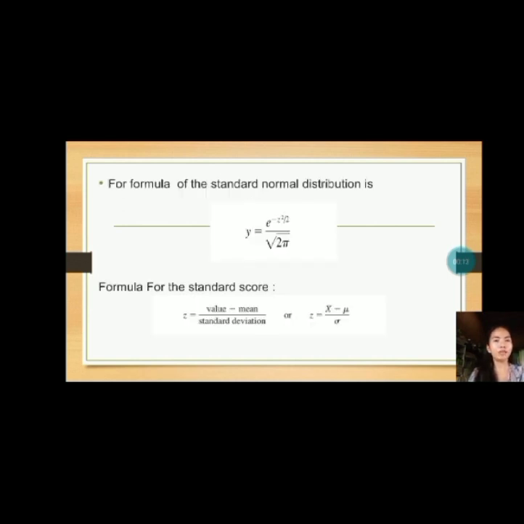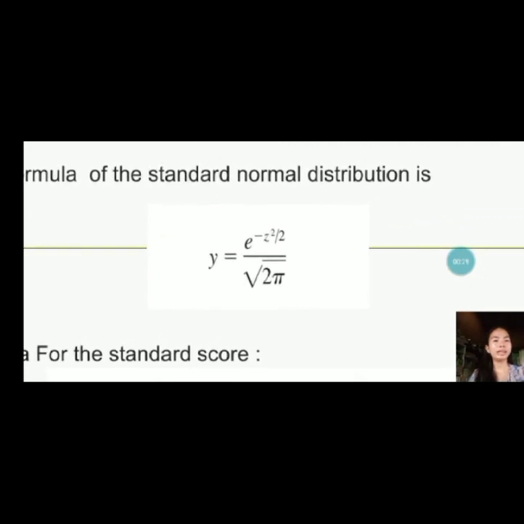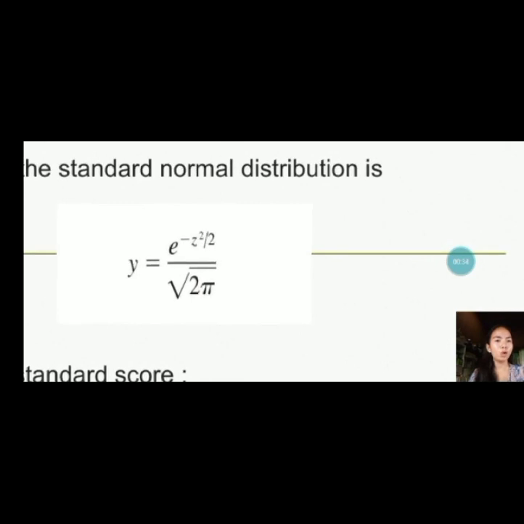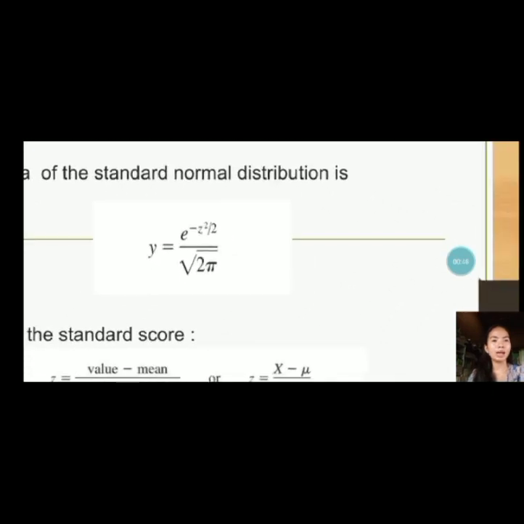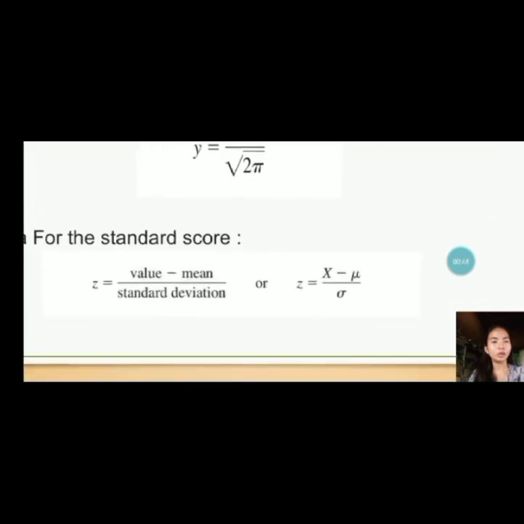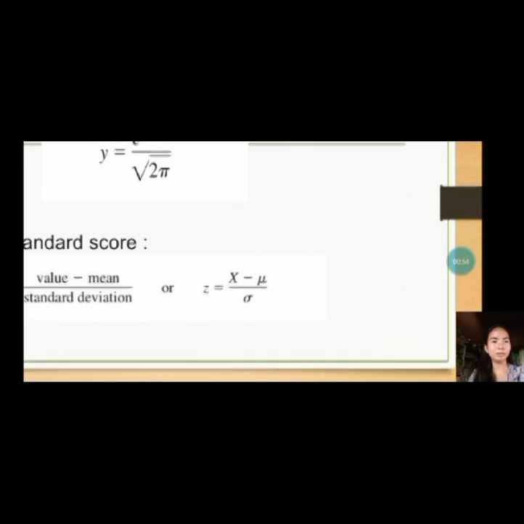The formula of the standard normal distribution is y equals e to the negative z squared over 2, over the square root of 2 pi. The standard normal distribution also has a formula for the standard score: z equals the value minus the mean, over the standard deviation.